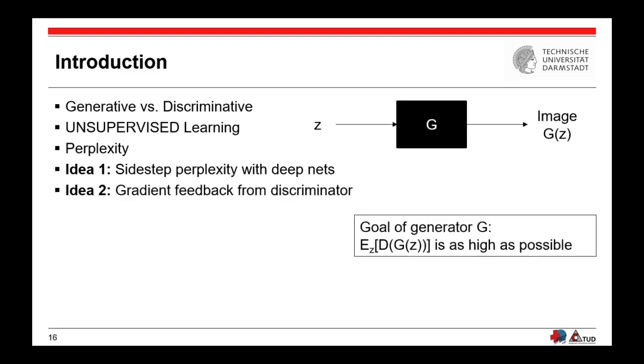Moving on, what's the next idea? The next idea is to use the gradient feedback that you have got from your discriminator to also train the generator. So you not only train the discriminator from the gradient feedback, but you tell both generator and discriminator. The goal of the generator is then to make this expectation as high as possible, which in turn means you are trying to fool the discriminator into believing that the data generated from synthetic is as close to real.